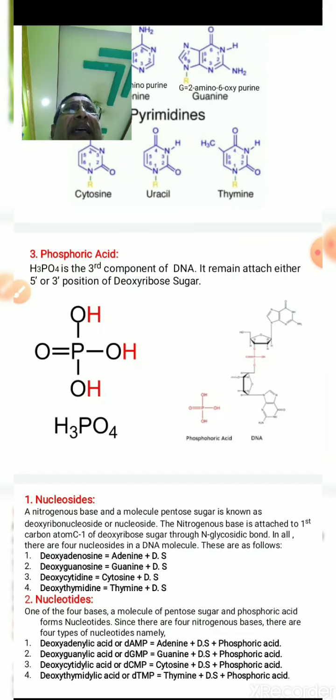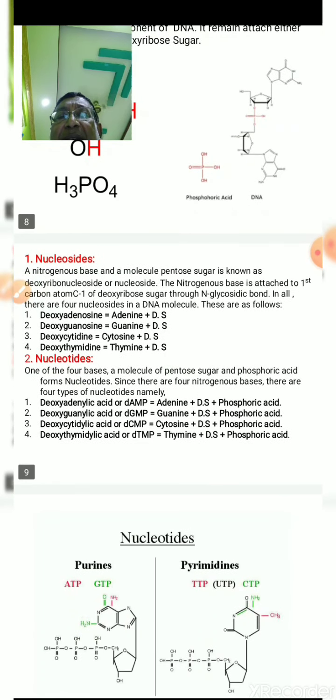Okay. Next, another popular term: nucleosides and nucleotides. A nucleoside means a nitrogenous base and a molecule of the pentose sugar, deoxyribose, attached together, known as a deoxyribonucleoside or simply a nucleoside. The nitrogenous base is attached to the C1 carbon atom of the deoxyribose sugar through an N-glycosidic bond.